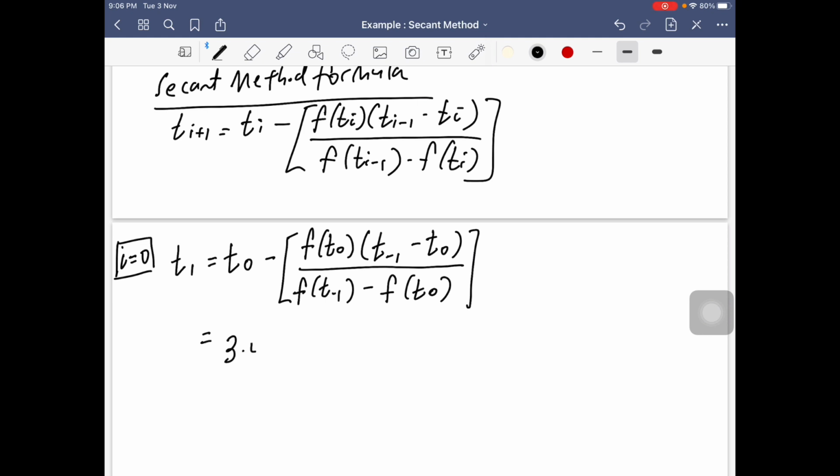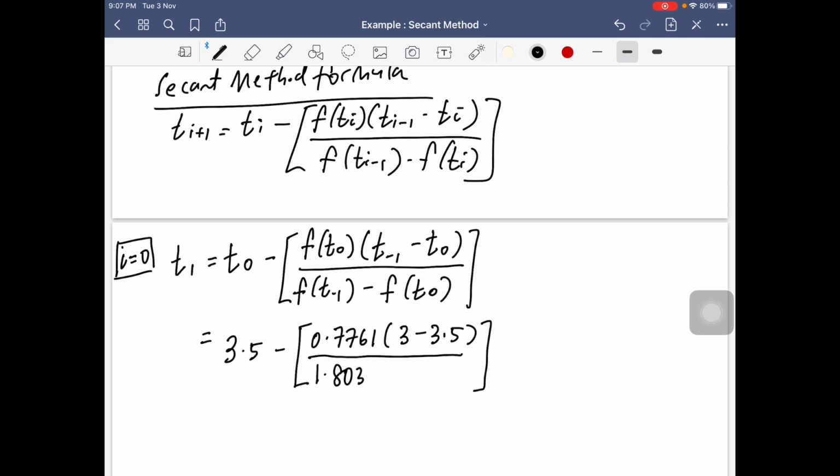We have 3.5 minus 0.7761 for f(t0), times (3 minus 3.5), over 1.8035 minus 0.7761.